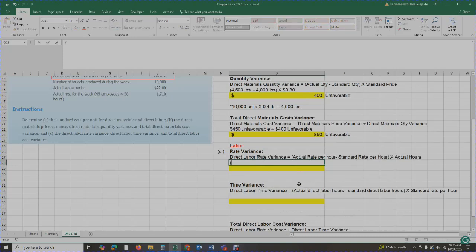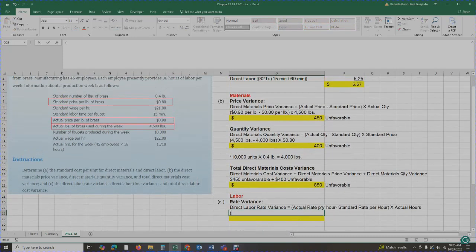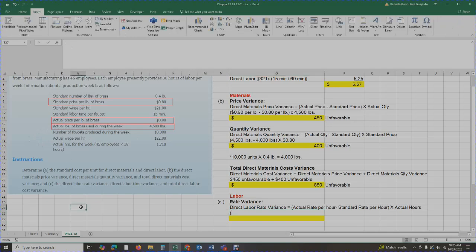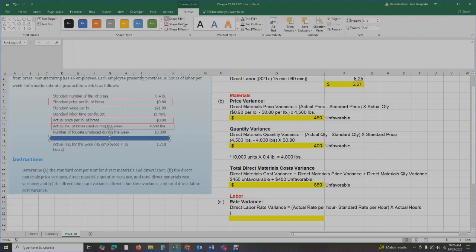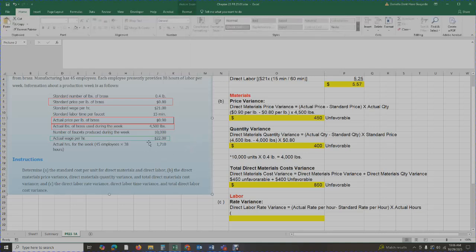So let's go back and look at this section. I'm going to be scrolling up and down. Let's look at the actual rate per hour, and that is down here. Let me highlight it. Actual wage per hour is $22, versus the standard rate per hour.